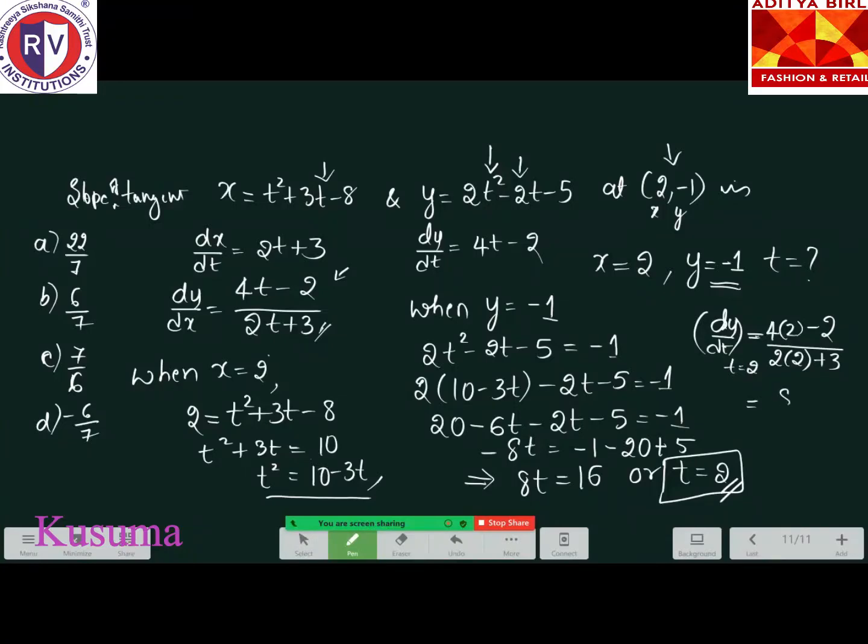This will be 8 minus 2 divided by 4 plus 3, which is nothing but 6 by 7. So this is the slope of the tangent of the given curve at x is equal to 2, y is equal to -1. Okay. So 6 by 7 is the right answer.